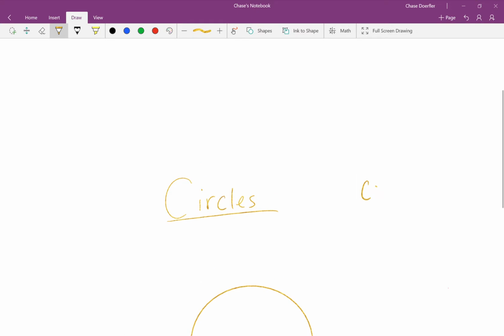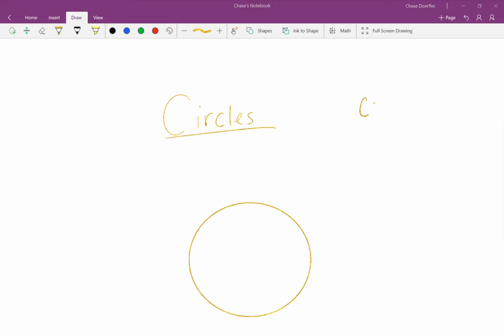So, kicking it off with circumference. Sorry about that little thing with my screen. C is equal to 2 times pi times the radius. And it can also be pi times the diameter, since, as you know, the radius is half of the diameter.